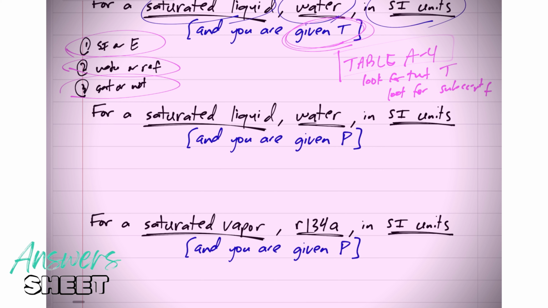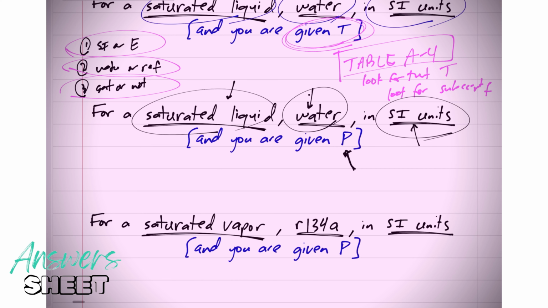Let's try this next one on your own. Maybe pause it for a second and say, okay, if I have a problem where I'm given SI units of water and it's a saturated liquid, but I'm given pressure, what do I look at? So if it's SI units, I know I'm in Appendix 1. If it's water, I know I'm in tables 4, 5, 6, 7. If it is saturated, I know I'm in tables 4 or 5. All right, which one, 4 or 5?